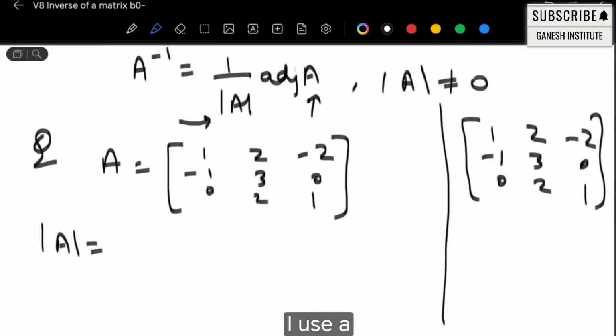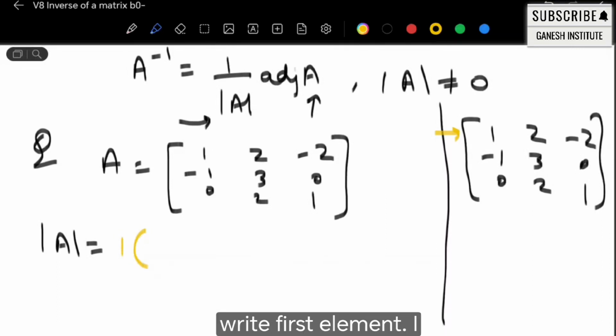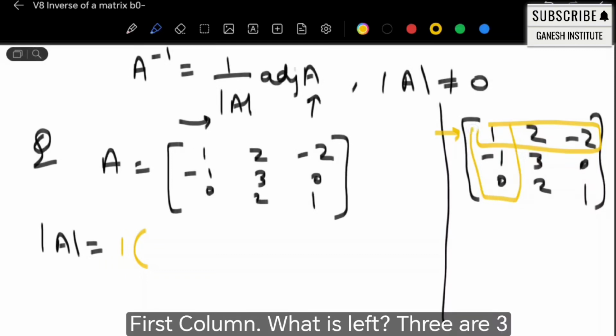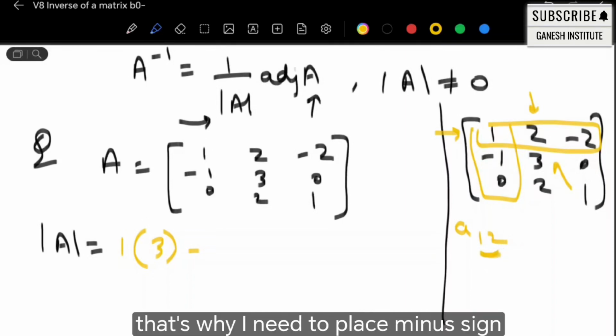If I use the first row for A determinant, I need to write the first element, and hide the first row and first column. What is left? 3 ones are 3, minus 2 0 0, that is 3. Minus sign, because this is the odd place. A 1 2, sum is 1 plus 2, odd. So that's why I need to place a minus sign.